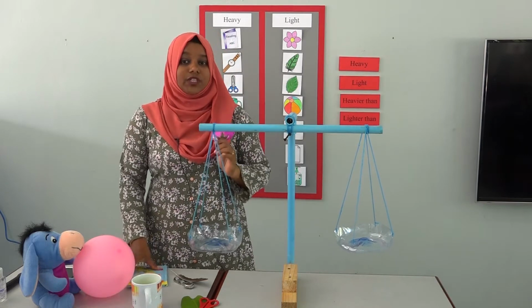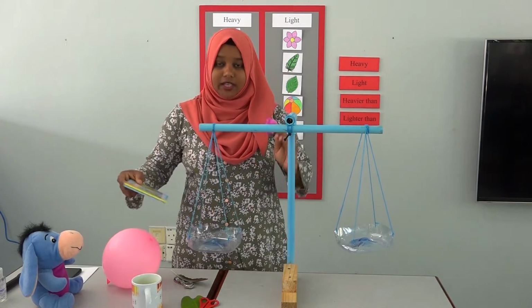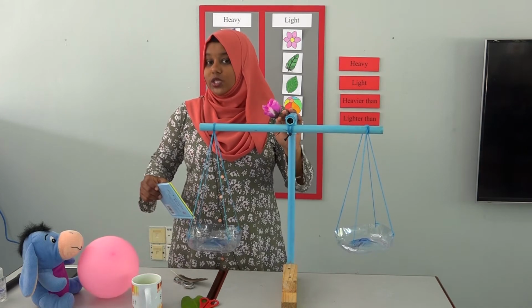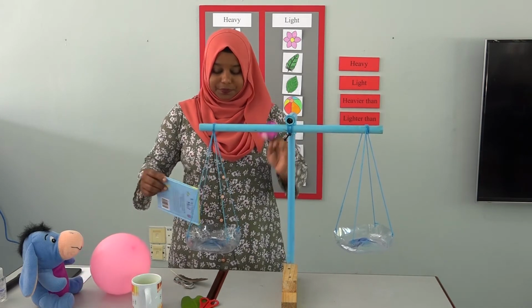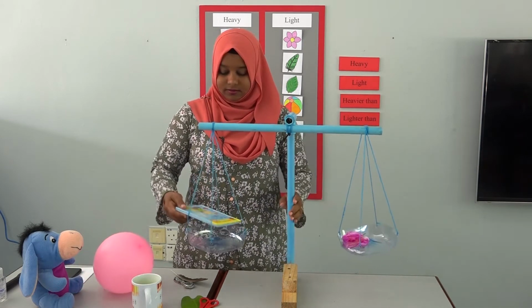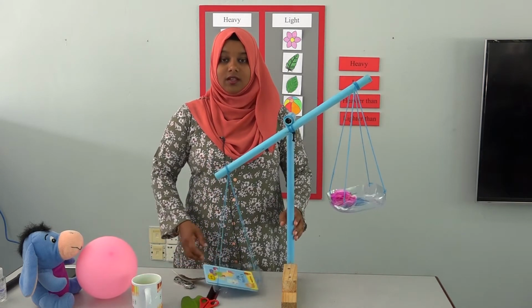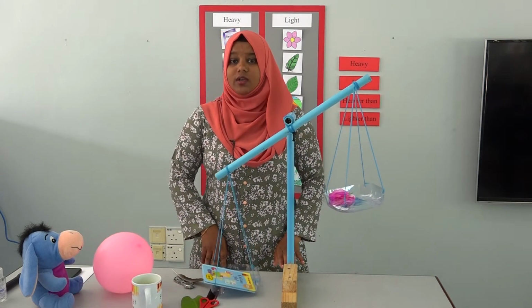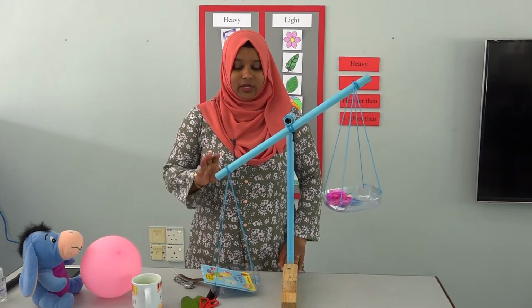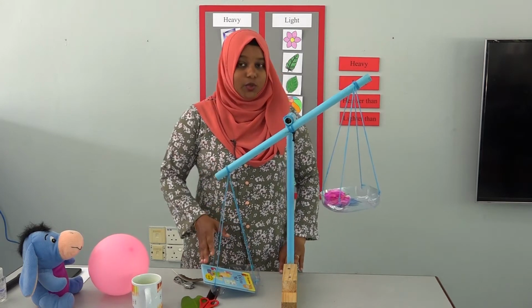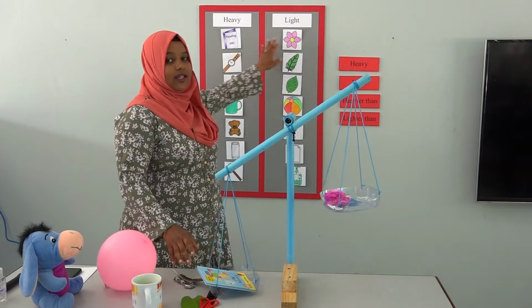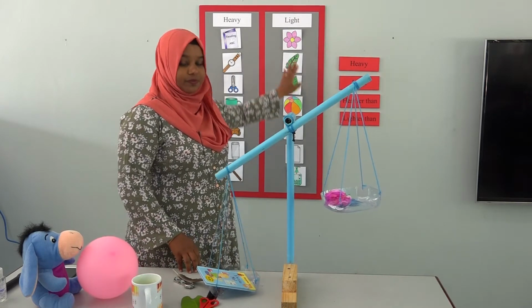We are going to put a flower and a book in the balancer and see which one is heavier. Which one is heavier? Yes, students, you are correct. The book is heavier than the flower.